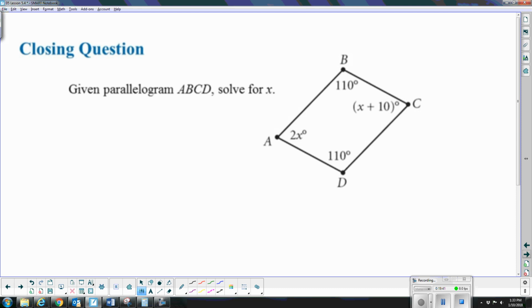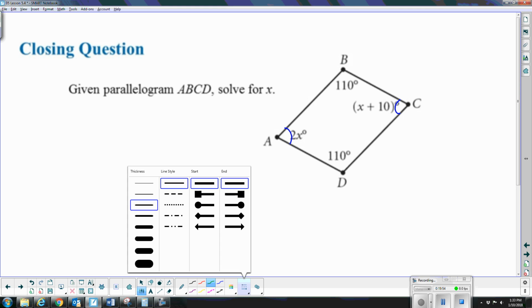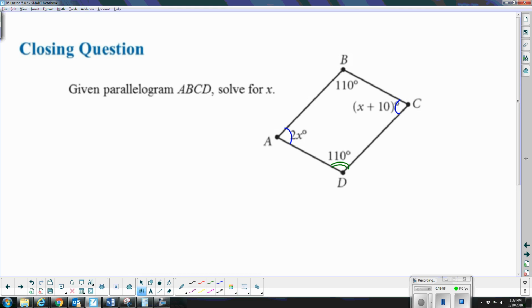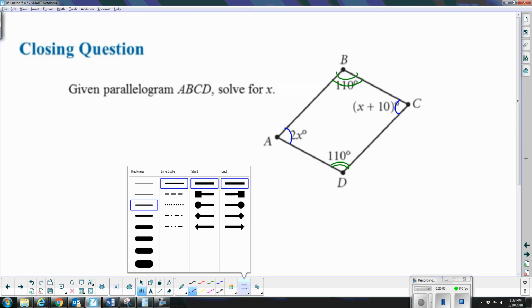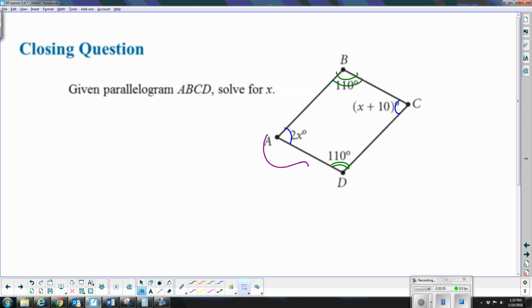And then the last example, given this as a parallelogram, solve for x. In this example, x deals with angles. So in a parallelogram, we know opposite angles are going to be congruent. We also know that these two angles are supplementary, consecutive angles are supplementary.